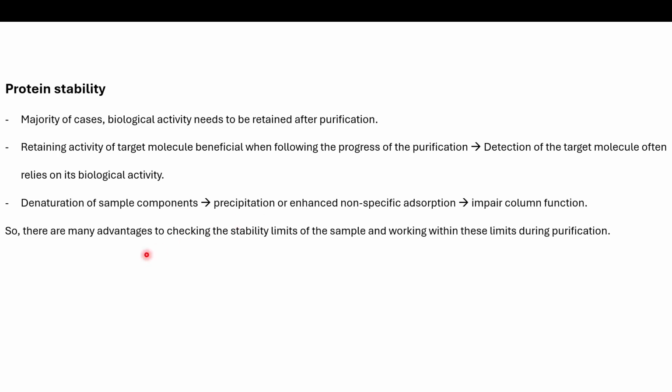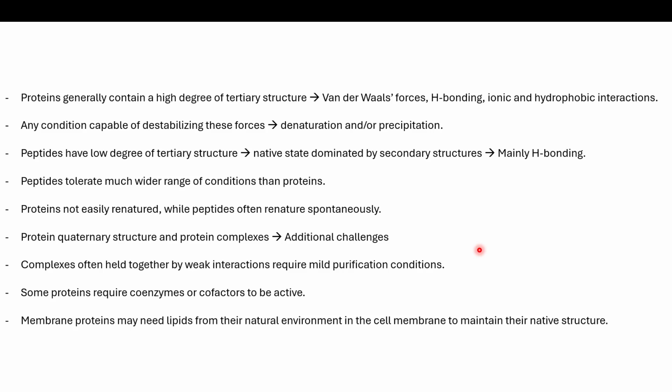Okay, so there are many advantages to checking the stability limits of the sample and working within these limits during purification. Now, proteins generally contain a high degree of tertiary structure, which is stabilized by van der Waals forces and hydrogen bonding. Hydrogen bonding is mainly between a hydrogen atom and an electronegative atom like nitrogen, oxygen, fluorine, etc. Ionic interactions, hydrophobic interactions, and any condition capable of destabilizing these forces will denature or precipitate the protein.